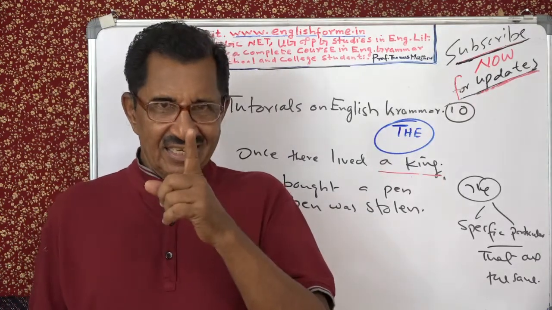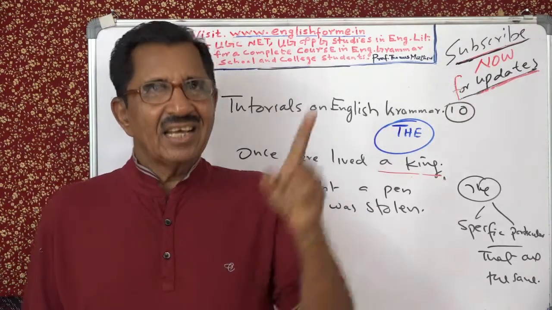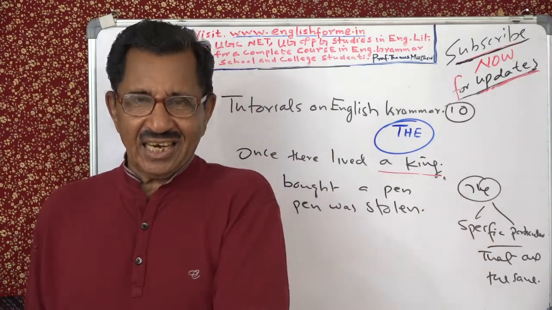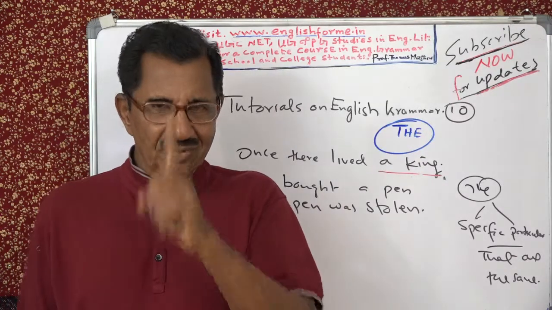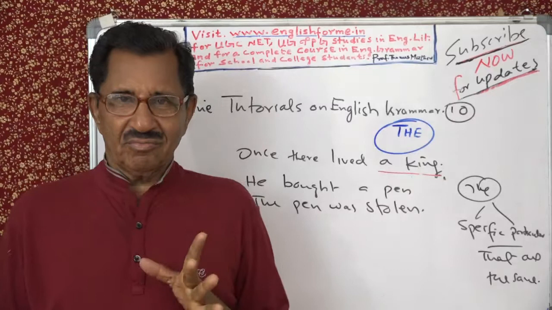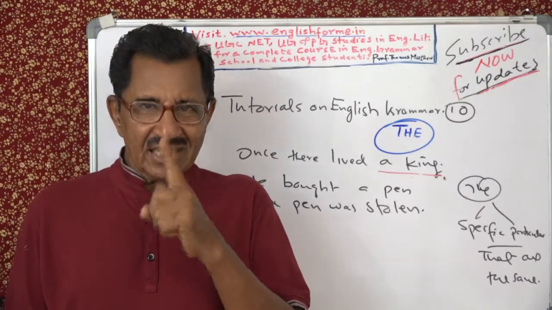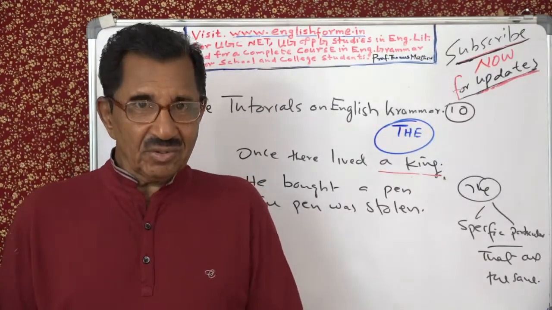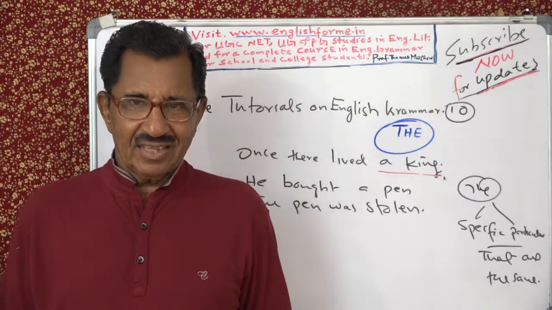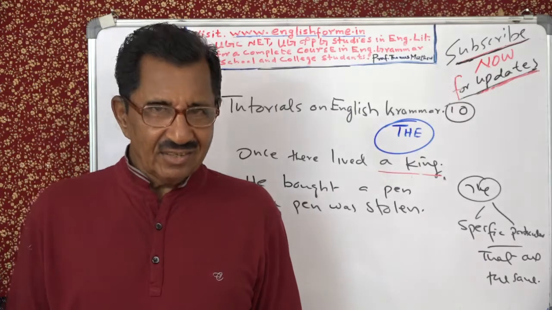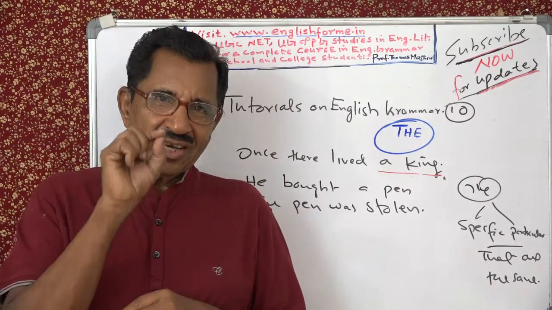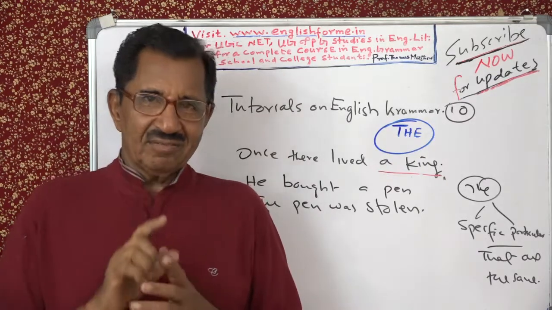The third, oceans, seas, rivers and canals. The must be used. And fourth, second use. When a noun is used the second time, you must use the, because to particularize that, otherwise there will be no meaning. Understand? Clear?